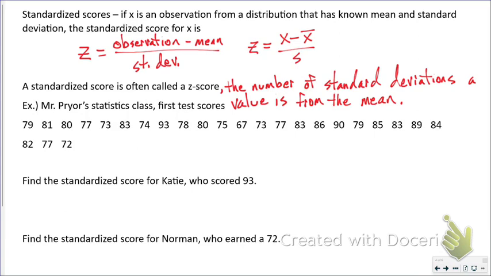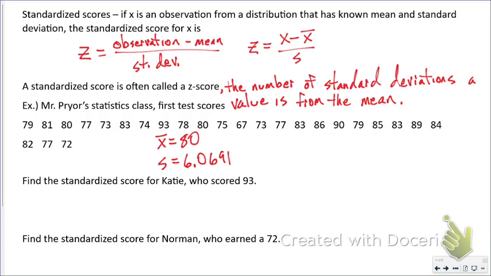So you get x bar, you get s, and for a question like you see below for Katie, we'll take 93 minus the mean, and then we'll divide by s. So let's do that. In your calculator, enter all the data and run one var stats, and you should get a mean of 80 and a standard deviation of 6.0691.